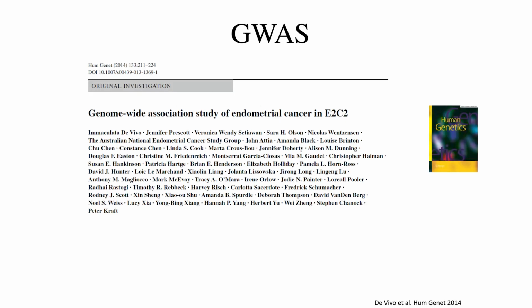And so in my lab, I was the first, of course, with a large group, because we're nothing without our group, to publish on the genetic predictors of endometrial cancer, which is the cancer that I focus on.